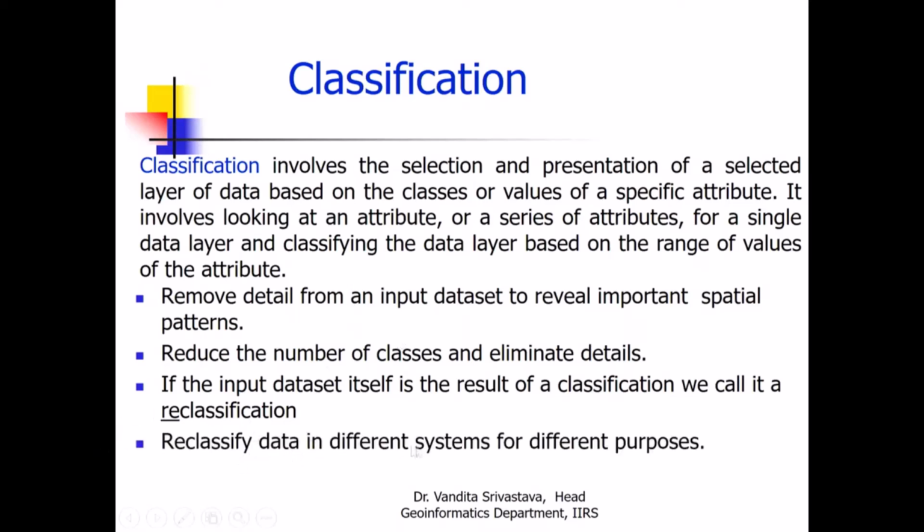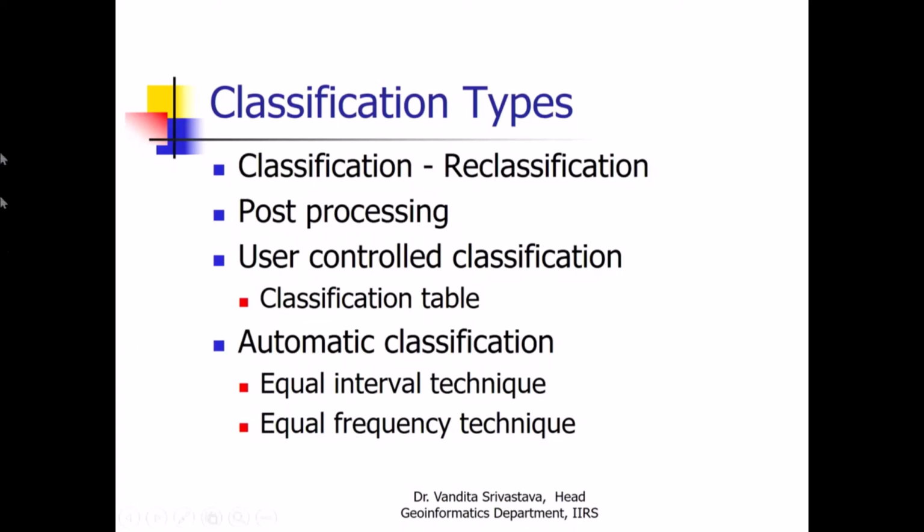We classify and reclassify the data in different systems for different specific applications. I will show you supporting figures in my subsequent slides. And we assign codes based upon specific attributes. We can even reassign new codes to those attributes based upon our purpose of study. So, we have classification and reclassification, and post-processing is also sometimes required.